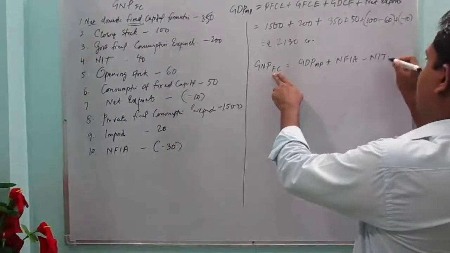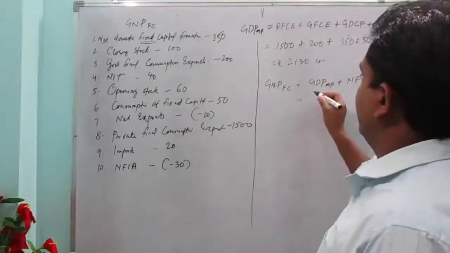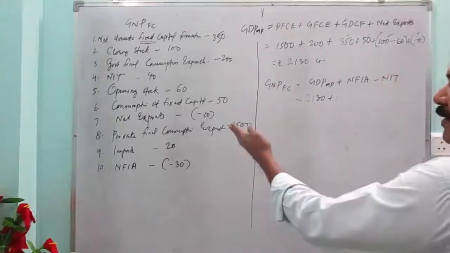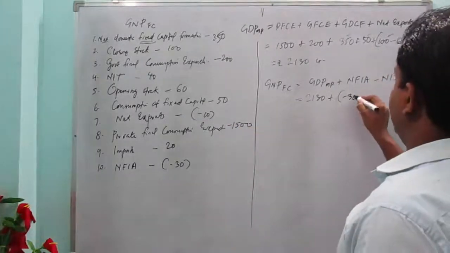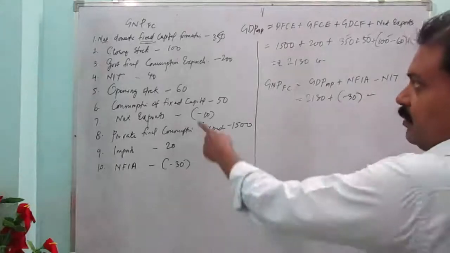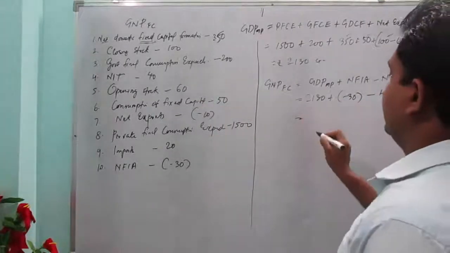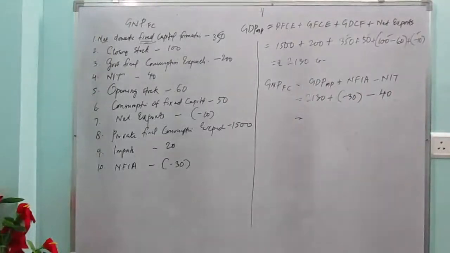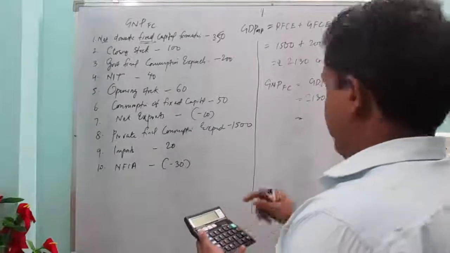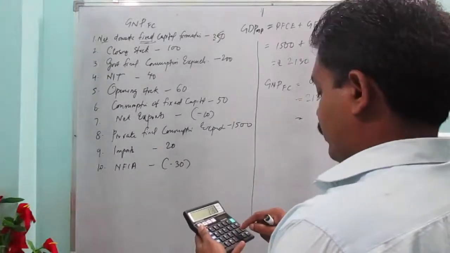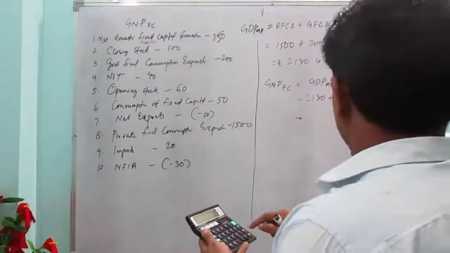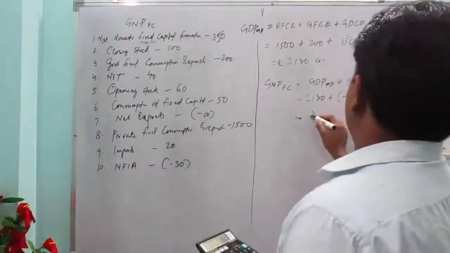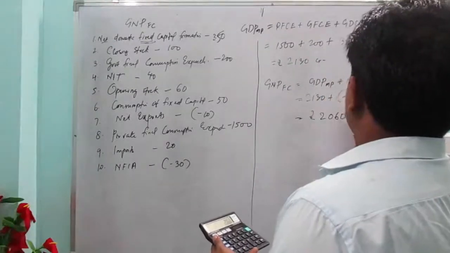So GDP 2130 plus NFIA minus 30 minus 40 is equal to, now we calculate: 2130 minus 30 minus 40 is equal to 2060 crore.